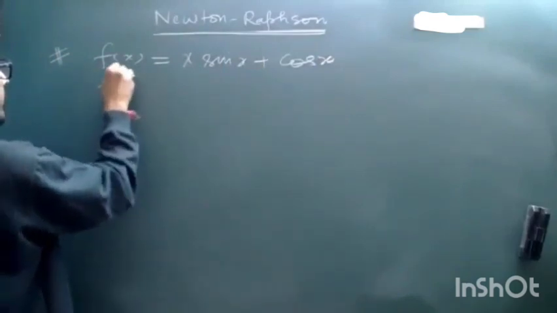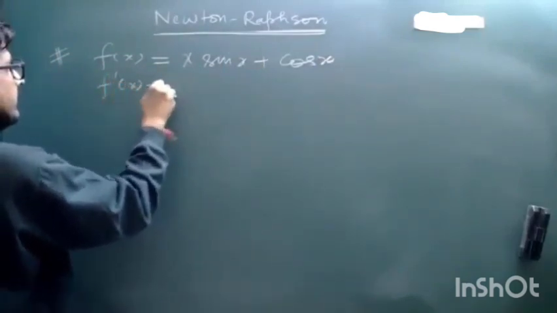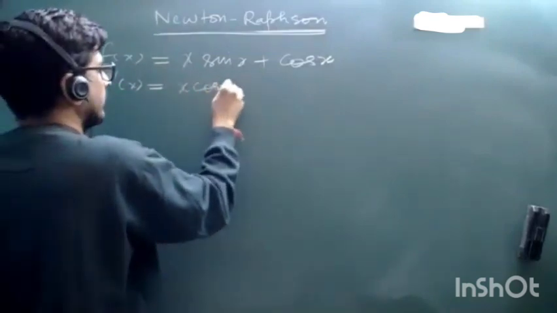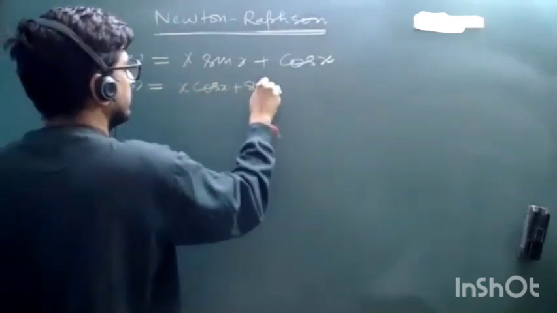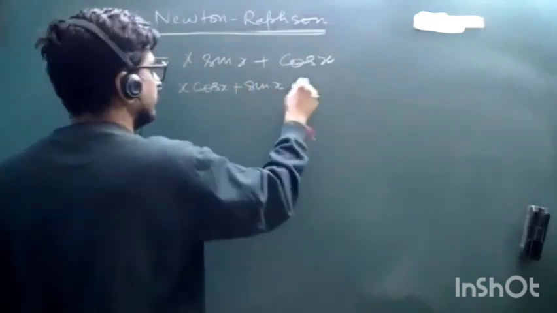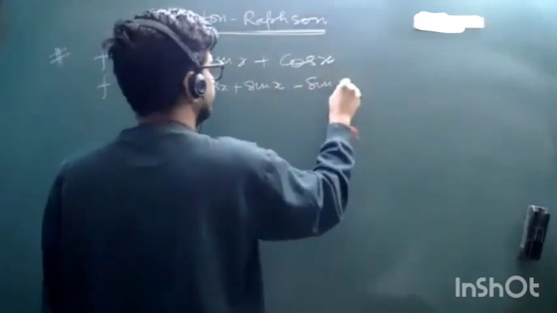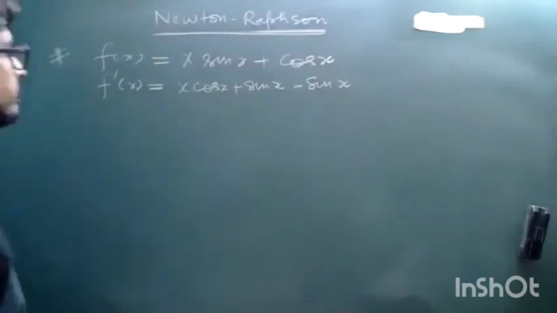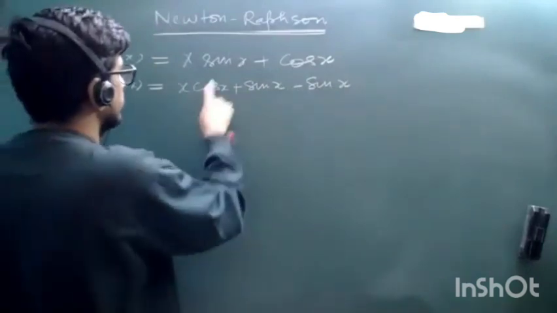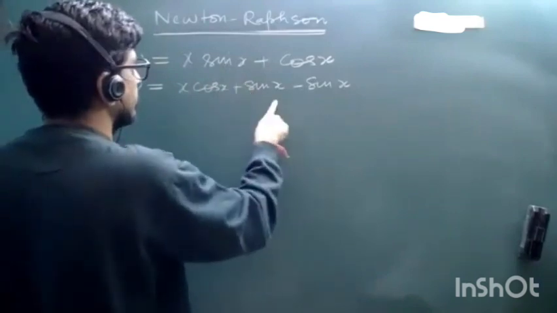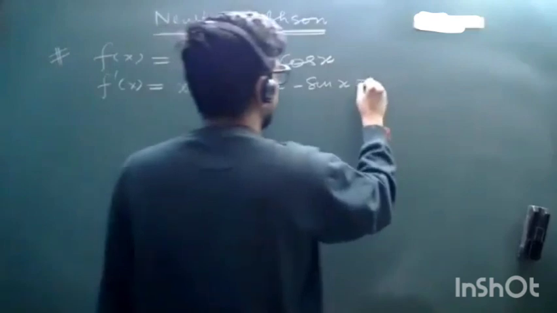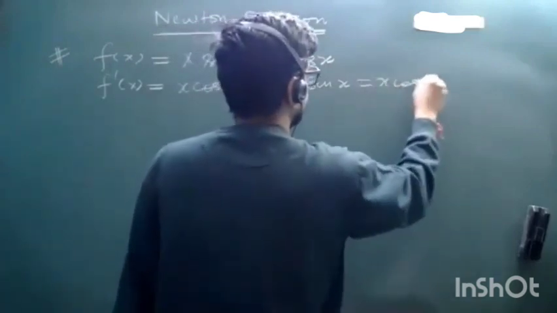So what will be f'(x)? That will be equal to x cos x + sin x - sin x, which is equal to x cos x.